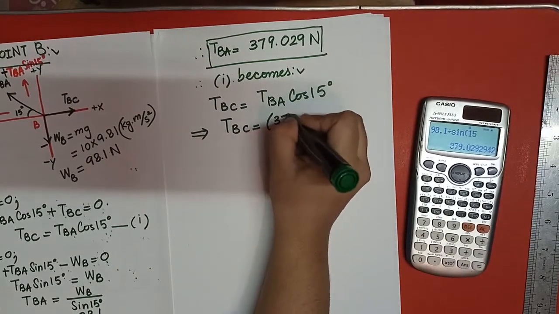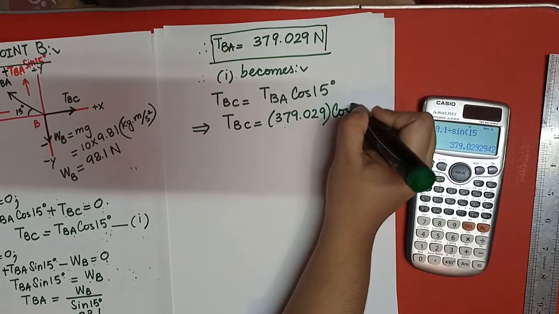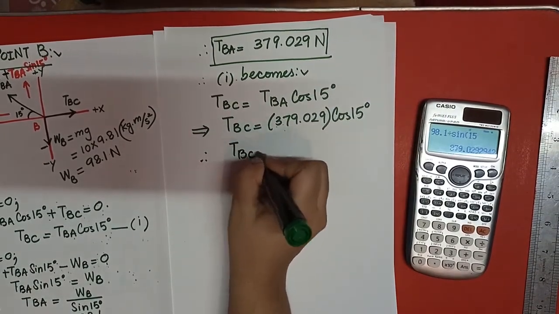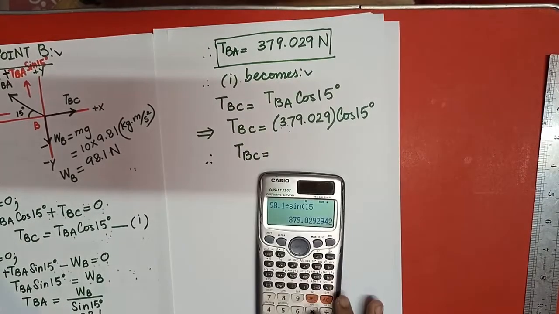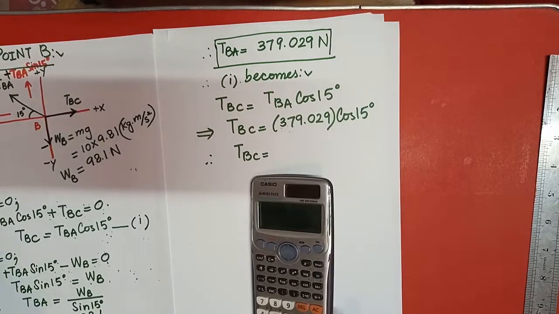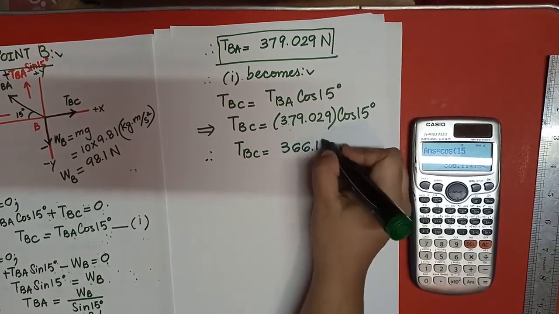So it is 379.029 cos of 15 degree. So the answer of TBC comes out to be what? We multiply the value with cos of 15, so it is coming out to be 366.11 Newton.